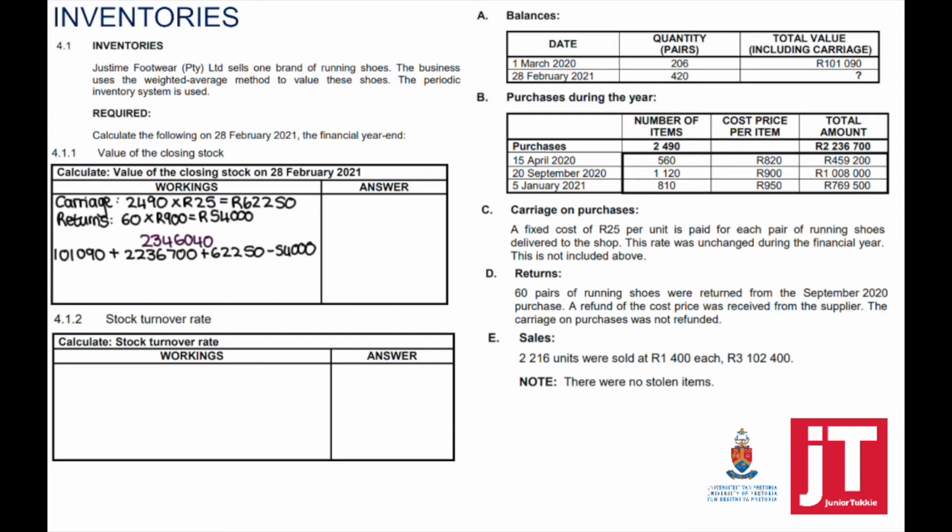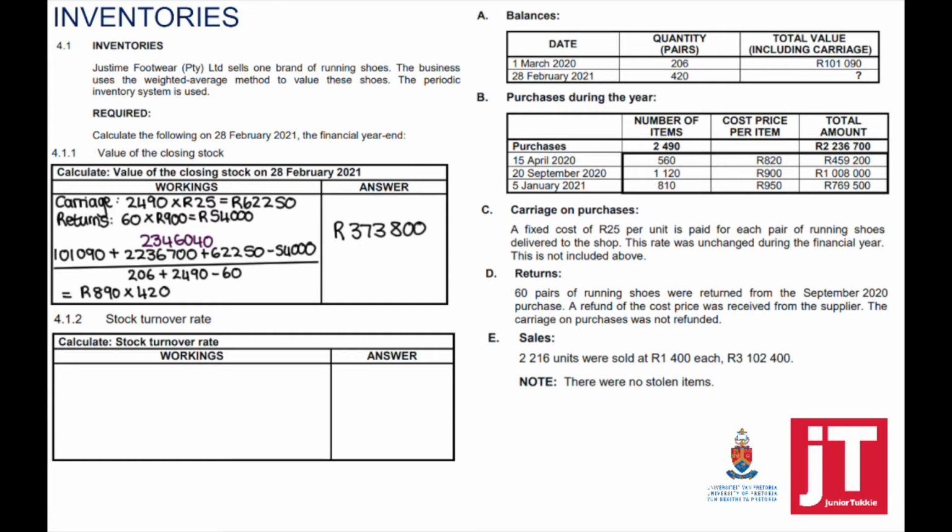We need to divide that by our opening stock plus the number of items minus 60 items that were returned. That equals my weighted average price, 890. Now we can times it by the number of units left over, and that is the value of my closing stock.